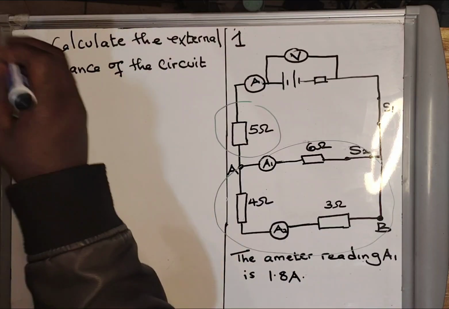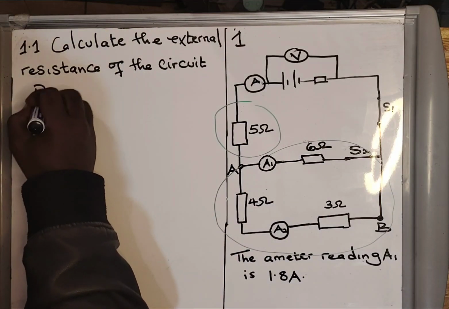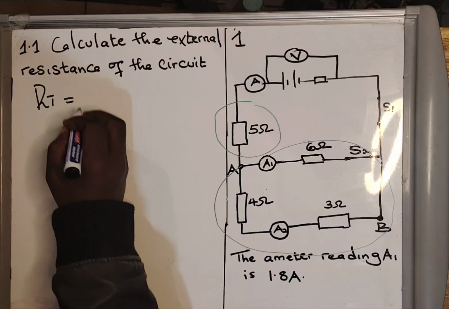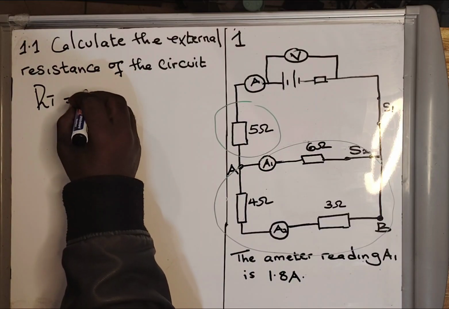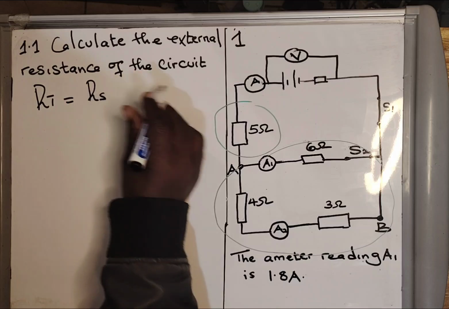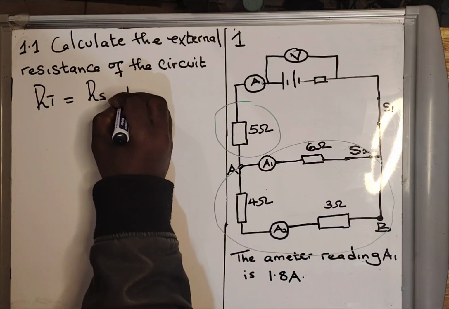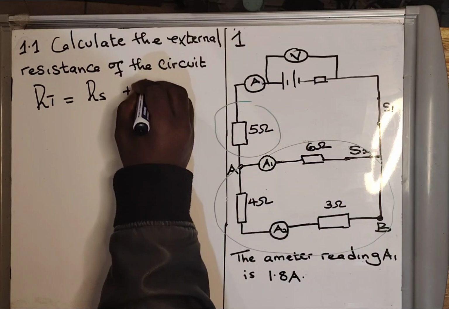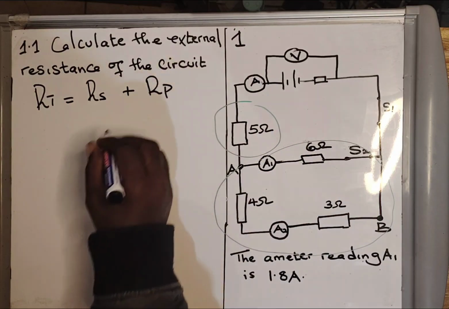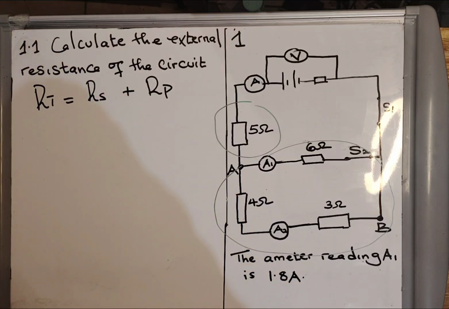So what do we say? Our total resistance is going to be equal to our resistor, which we'll have in series here. We are going to call it RS, and our pair of resistors here, which make up the parallel connection. These are the resistors we are having, and we already know some.